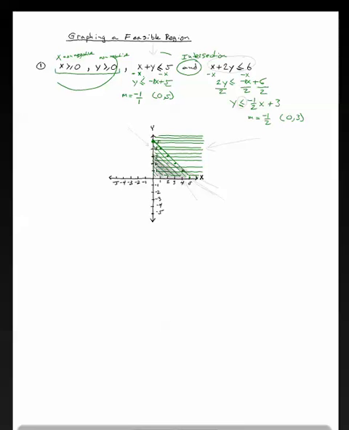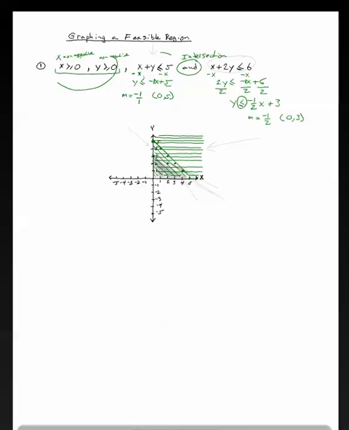So I go x is 0, y is 3, and I put a point, and then I'm going to go down 1 and over 2, 1, 2. And then down 1 and over 2, 1, 2. And then I'm going to go down 1 and over 2 again. Alright, so that is an inclusive inequality because it's less than or equal to.